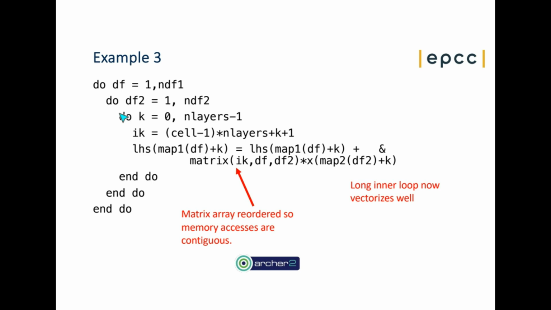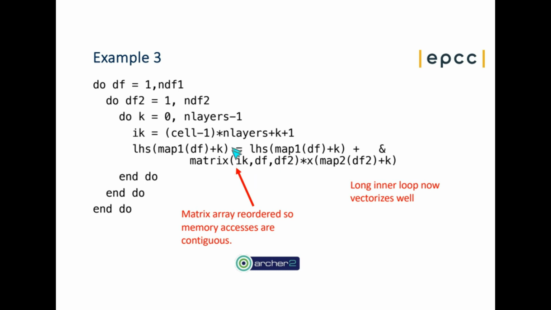The intrinsic call does not help for small matrix vector products. So if we get rid of the matmuls, replace them with ordinary loops, and then rearrange all the loop orders, it looks like this.